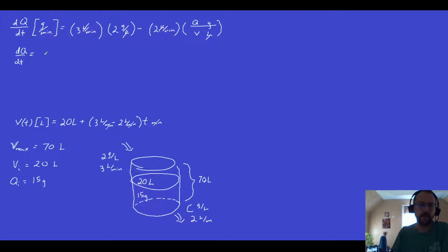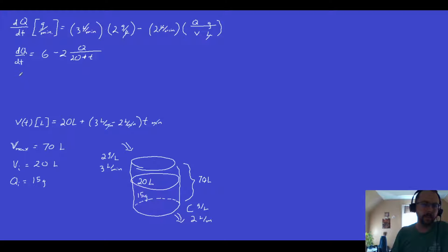Three times 2 is 6. 2 q over volume is 20, minus t. No, plus t. 3 minus 2 is 1, so plus t. So this is our differential equation.